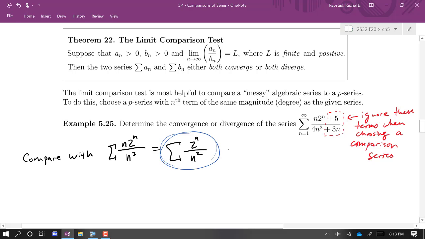It diverges, and it diverges by the nth term test. If you find the limit of 2^n over n squared, you'll find that limit is not 0. In fact, it's infinite. 2^n exponential growth outpaces polynomial growth every time. So this diverges by the nth term test.